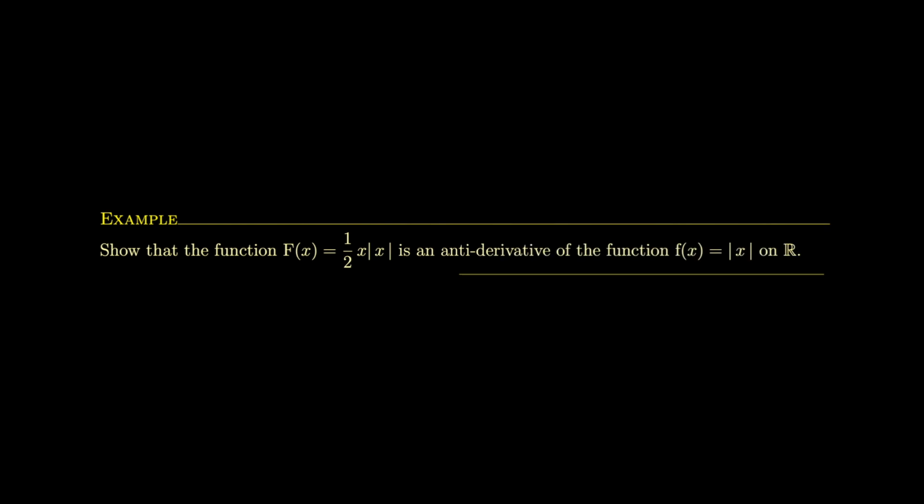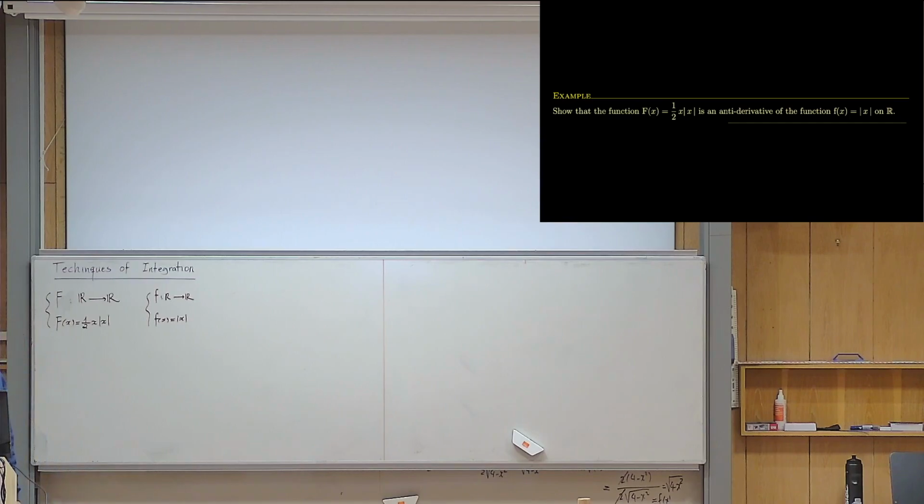It's a little bit more interesting example. So the algebra is not that involved as the previous case, but I like this example more, okay? So show that the function capital F of x defined by 1/2 x times absolute value of x is an antiderivative of the function f of x equals x times absolute value of x on R. Okay, so this is our goal.